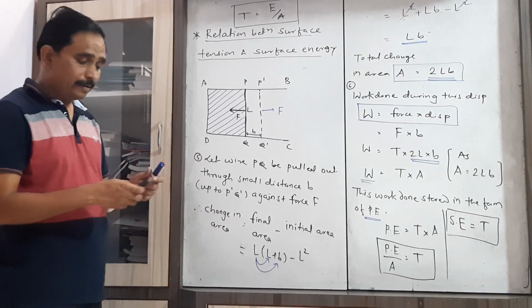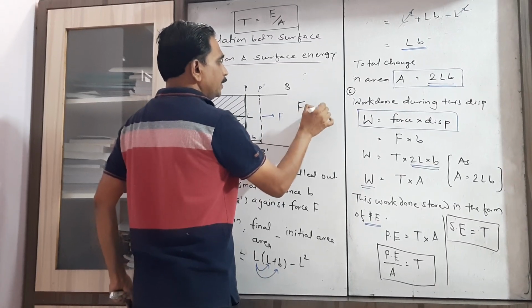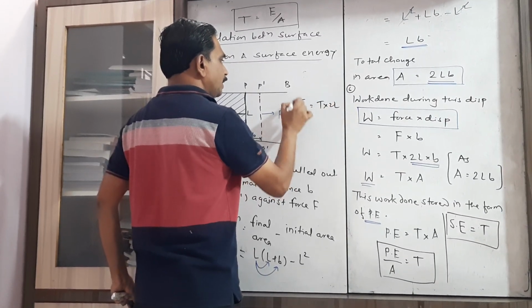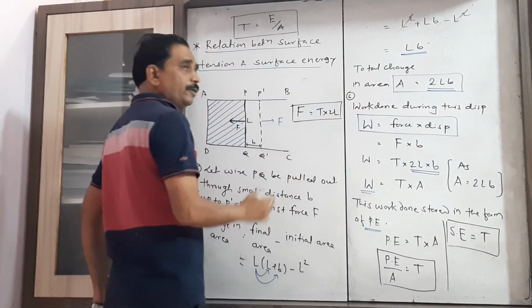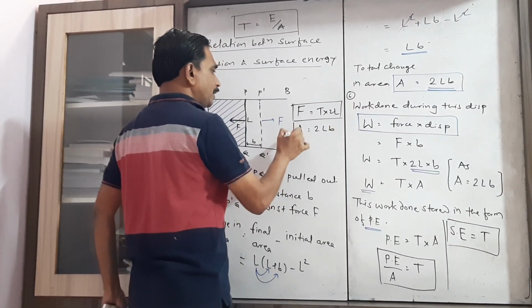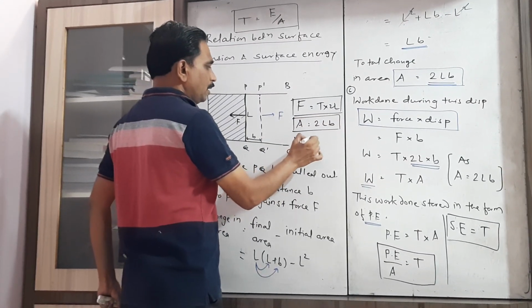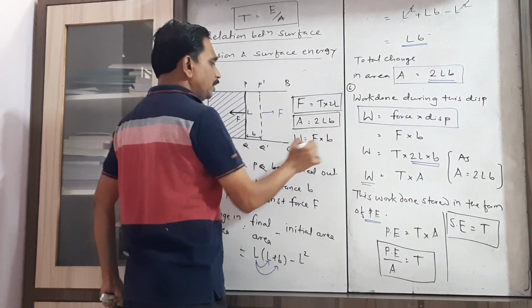Here in your mind you have to first find the value of F, that is F equal to T into twice L. Secondly, you have to find the change in surface area, which is equal to twice LB. Then use the formula work done equal to force into displacement.